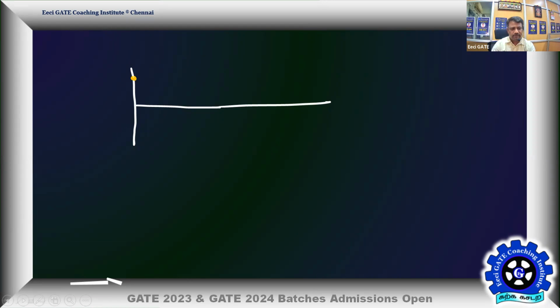It is falling from 10 to 0, and then like this it is going. That's the capacitor voltage. This is plus 10, this is minus 10. You can take omega t, or theta, as the axis.